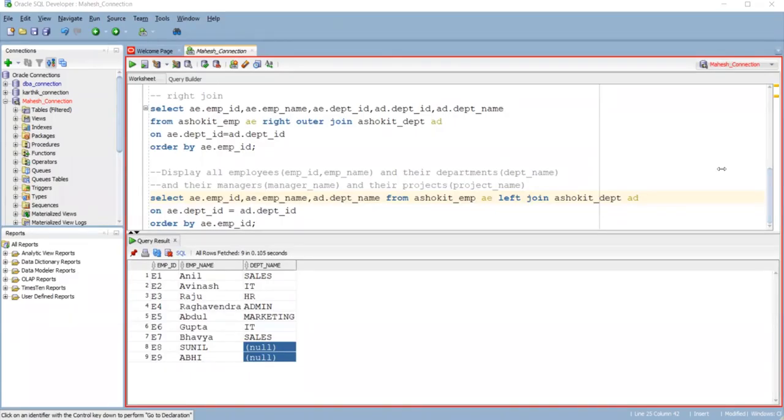Yes. Okay. Yes, you are correct, Kiran. The data is available in the right table. Hardik, you are also correct.